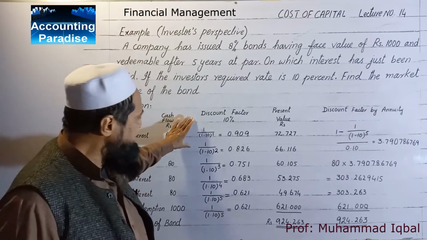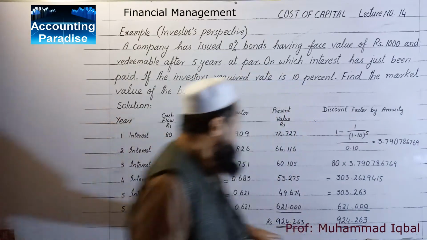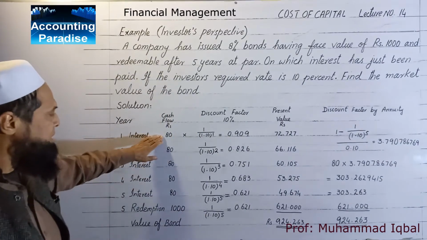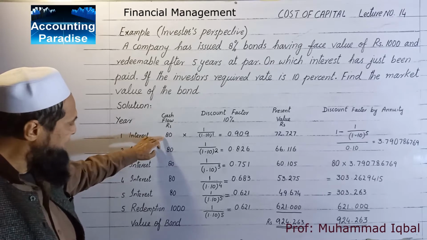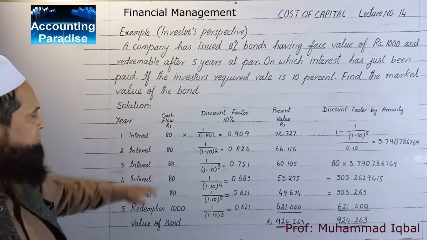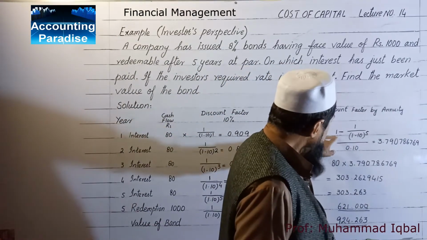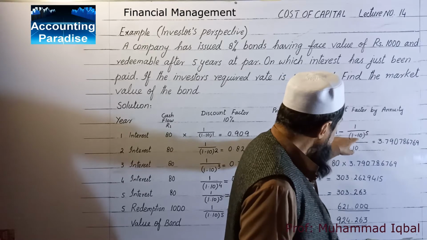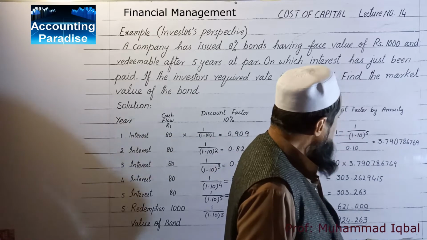We can also calculate this by the annuity method. The discount factor is calculated by the annuity. What is an annuity? Equal payments at regular intervals. There are equal payments of 80, 80, 80, 5 payments are there. So we can use the annuity method: 1 minus 1 over 1.1 raised to the power 5, over 0.1.